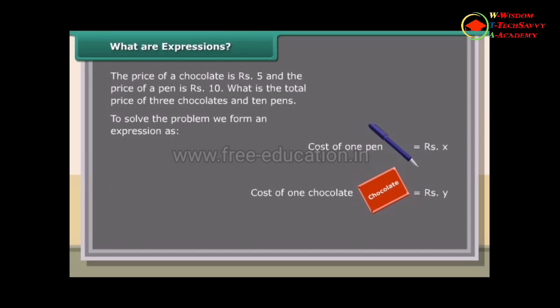Cost of 10 pens is equal to ₹10X. Total cost is equal to 3Y plus 10X, which is equal to 3 into 5 plus 10 into 10, which is equal to 15 plus 100, which equals 115. Total cost is equal to 115 rupees.